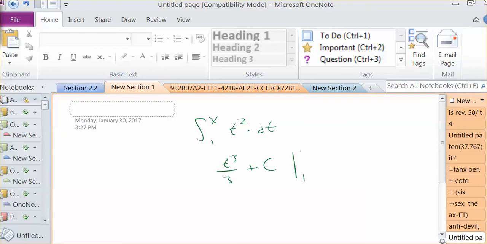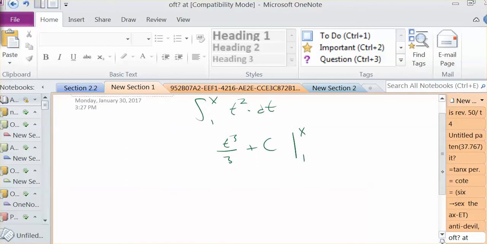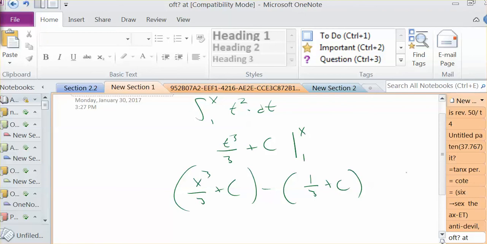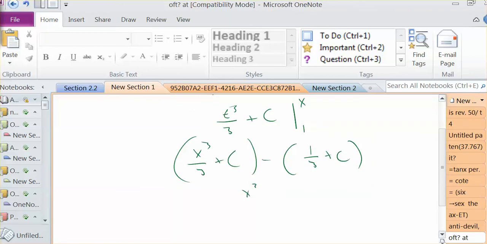And our limits are 1 to x. So this is the notation we tend to use for showing that we're doing the definite integral. Of course, I plug in x first, that's our upper limit. Plug in 1 after that, that's our lower limit. The constants cancel, so you get x cubed over 3 minus 1/3. Okay, great.